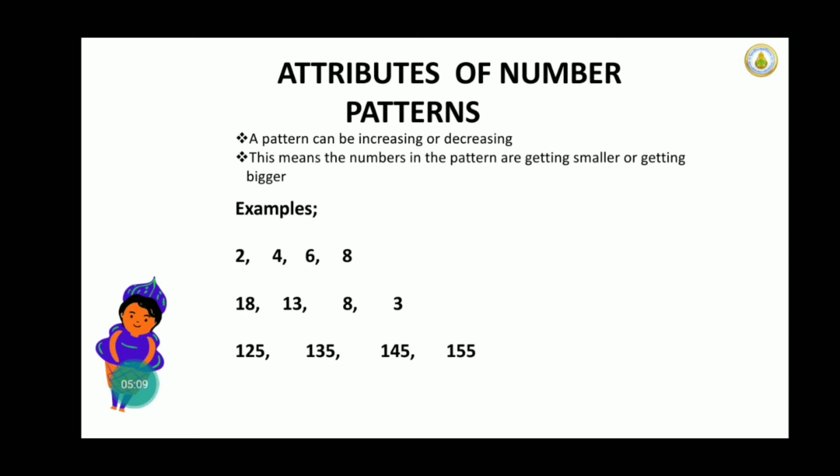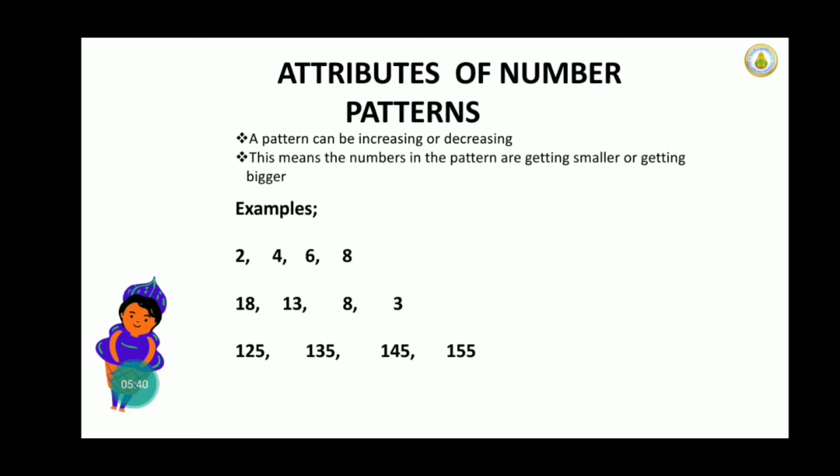Then you will know if you're going to add the number or subtract the number. This means the number patterns are sometimes getting smaller and sometimes getting bigger. Again, this is what we learned before. It is all about increasing and decreasing.